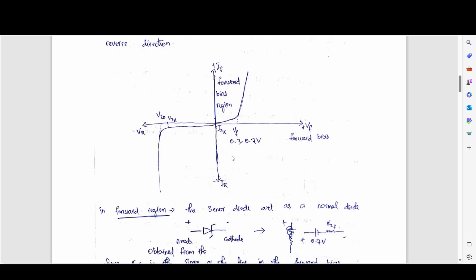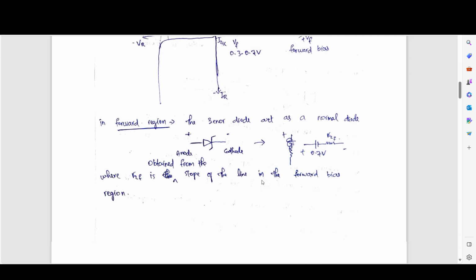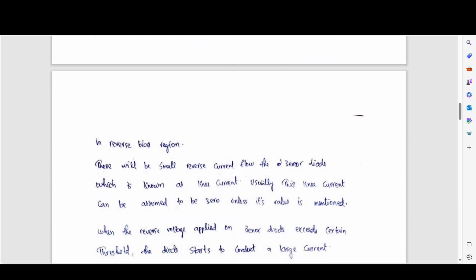We can consider it as 0.7 volt, whatever the voltage value, we can replace this Zener diode with that value, same as that of the diode. But in reverse bias, whenever the reverse biased voltage of a Zener exceeds some particular value, that is the Zener voltage, we can replace this Zener diode as a constant voltage source.